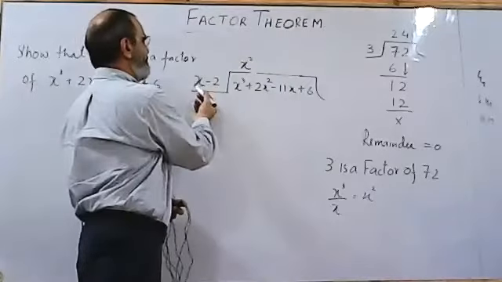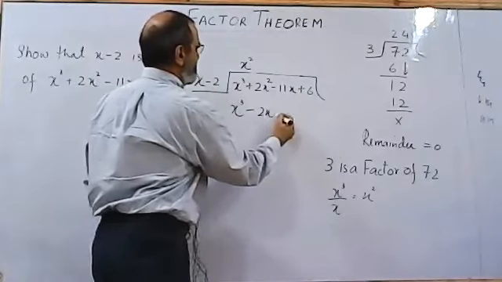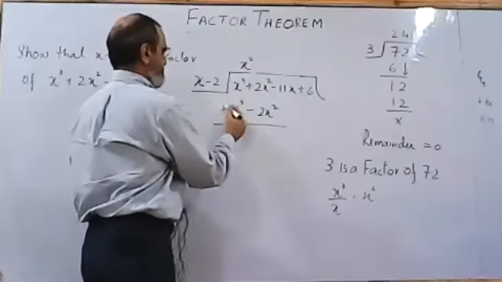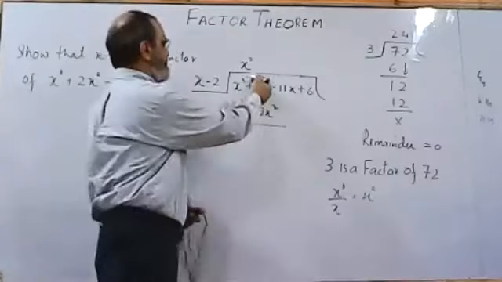Quotient multiplied by the divisor gives you x cube minus 2x square. Changing sign to subtract them.